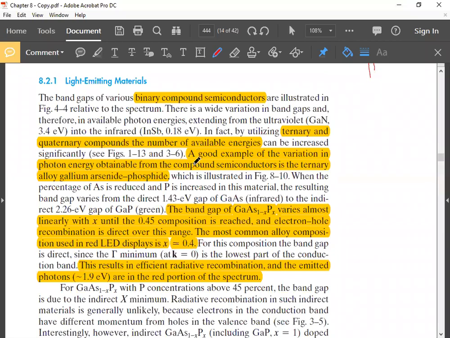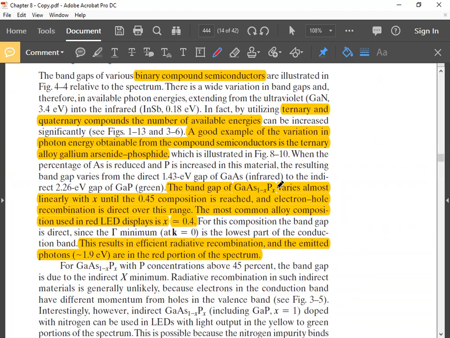This is an example, there are also other materials. An example is gallium arsenide phosphide. Gallium is a group 3 element, arsenic and phosphorus are group 5 elements. So you can see 1 minus x and x. This x determines the percentage of arsenic and phosphorus, the group 5 elements.